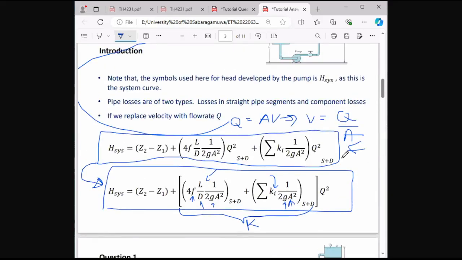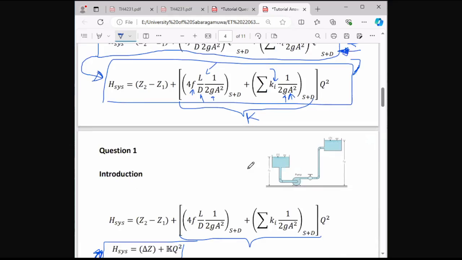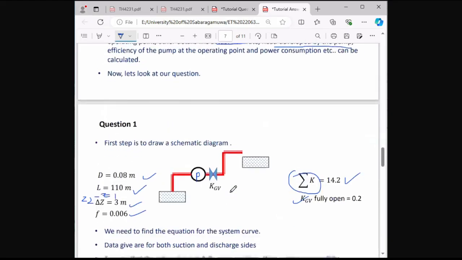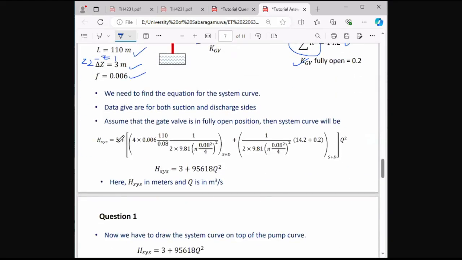You can get this equation because they gave the Q value, 27. We need to design according to the Q value, the flow rate value. Both are the same equation. You can use this equation, and according to it, you can write down the Z2 minus Z1 value as 3.